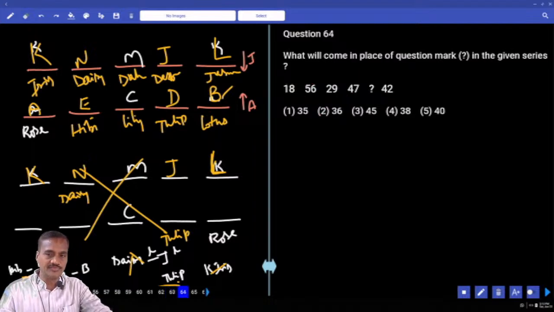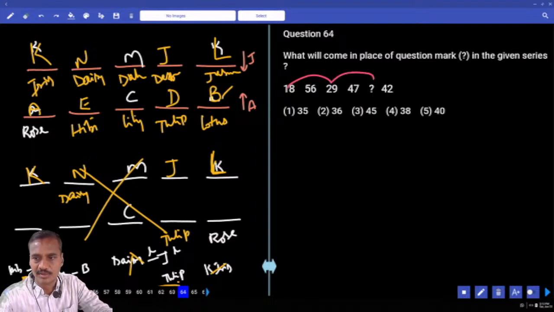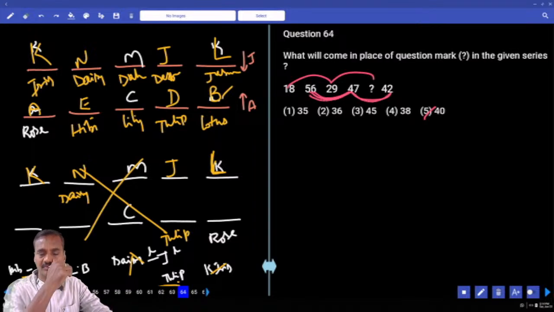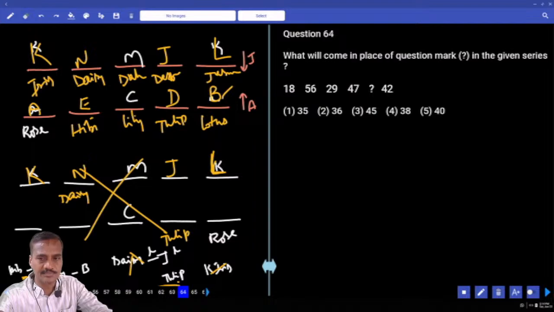Then 64: 18, 56. What to do again? Again alternate numbers, ascending and descending order. 18 and 29, difference 11. 29 plus 11 is 40. And here, 56 minus 7, minus how much? 56, 47, what is this? 5. Here we have 5, here we have 9. Or else, 18 and 56, what is the difference? 38, write it down. Next difference is minus 27. Next difference is 37, and next one 29 plus 18. So 38, 27, 18. Among these differences, the next one must be 11.